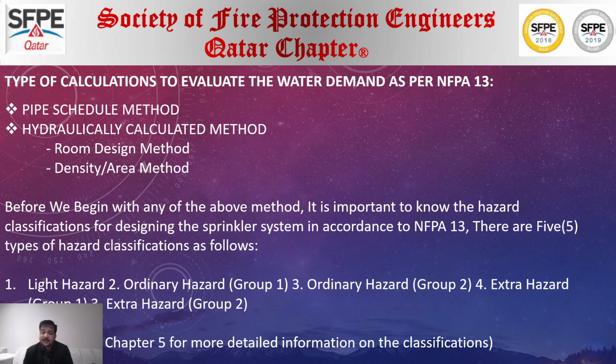The main difference between the pipe schedule method and the hydraulically calculated method is that the pipe schedule method assumes your entire building has no fire barriers, and a fire originating at one point can spread to another portion of the building. So the water demand needs to be sized for that reason.